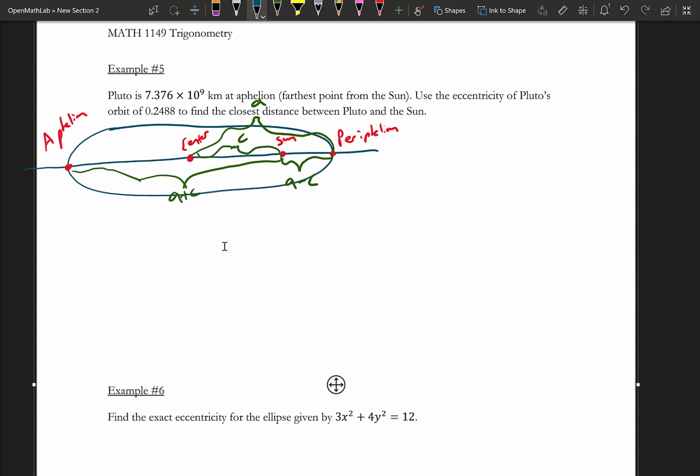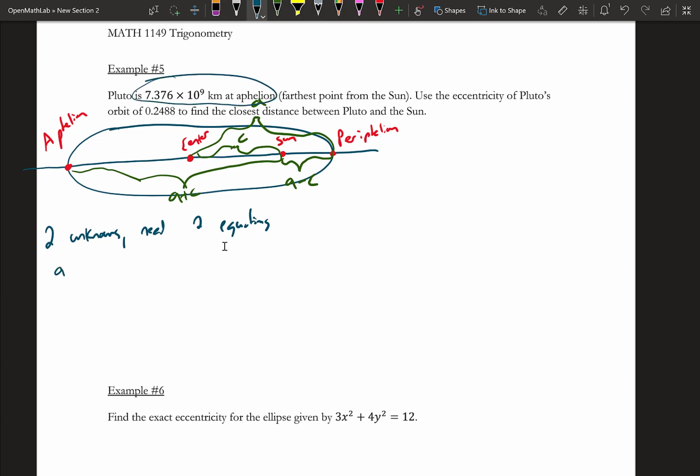Right, so it's important just to fill that in so we can look at this. So then we can just make some notes that we have two unknowns. So we need two equations that tie this stuff together. Right, so one thing I can fill in is I know the distance of the aphelion, right? That's this part here that's given.